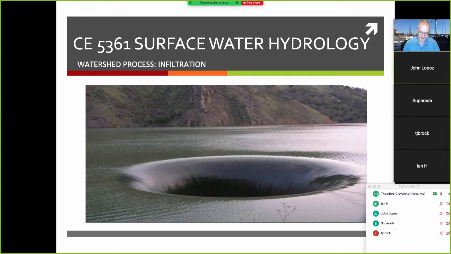So the photograph is not infiltration. That's just a cool photograph of water here in the ponded environment going down into somewhere. If you're not familiar with it, that actually is a photograph of something called a glory hole spillway.